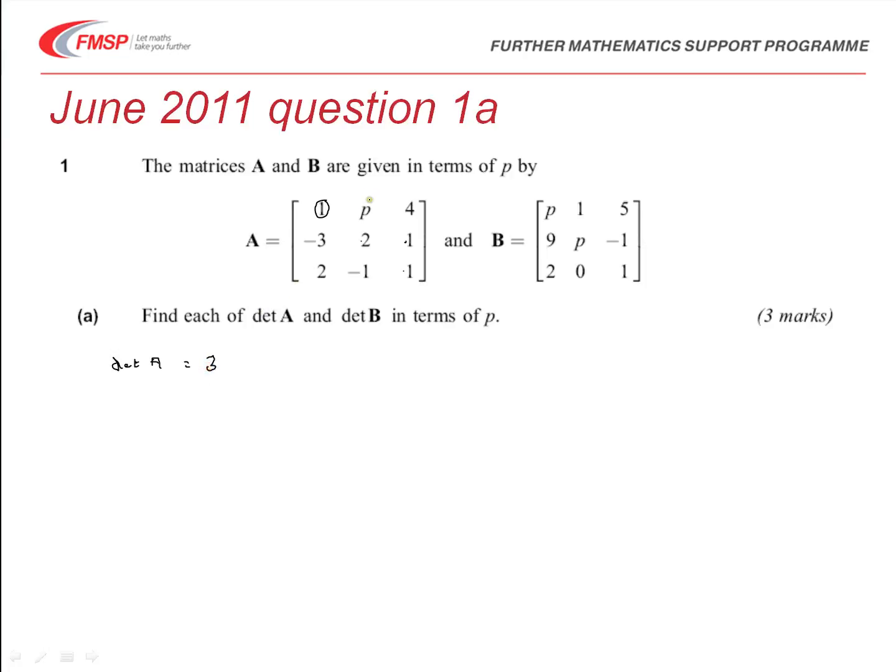And then we've got p, and we have to remember in our grid that this is plus, minus, plus. So this is going to be p times the determinant of negative 3 and 1, minus 2 times 1, which gives us negative 3, negative 2, negative 5. But remembering that negative sign, that becomes plus 5p.